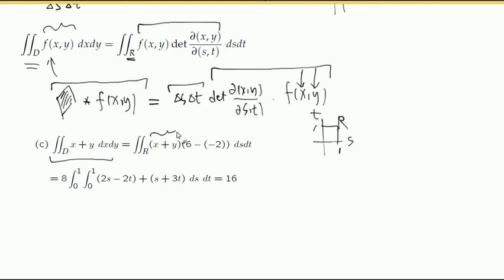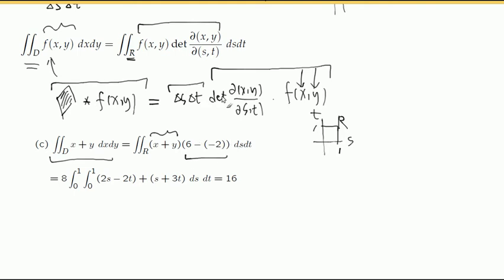And there's x plus y, but this should be written in terms of s and t as well. And what is this one here? The Jacobian factor. There is no s and t here, right? Because the connection was linear. In general, it's not linear, and you will have s and t in there too.